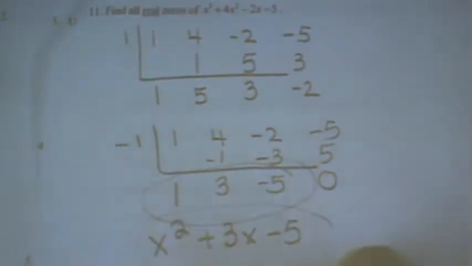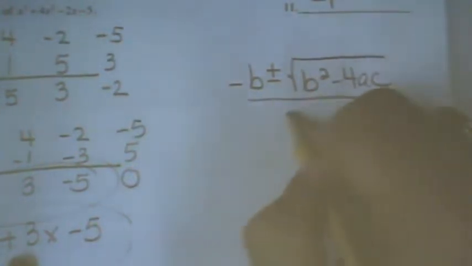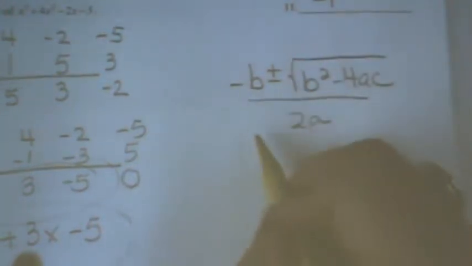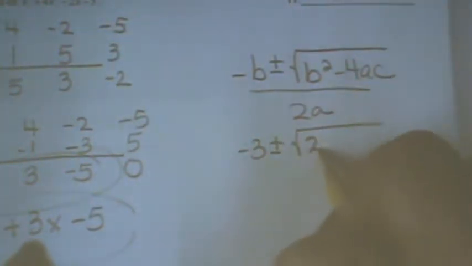When you get to an x squared problem, you're going to use either the quadratic formula or complete the square. I would not complete the square when the middle number is odd. So -b plus or minus the square root of b squared minus 4ac all over 2a. So you get -3 plus or minus 9. 3 squared is 9.